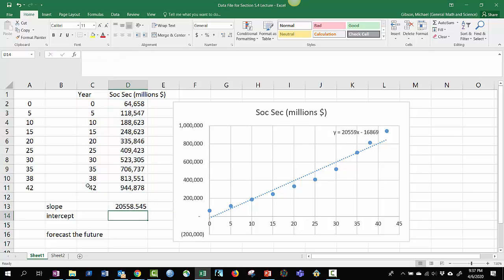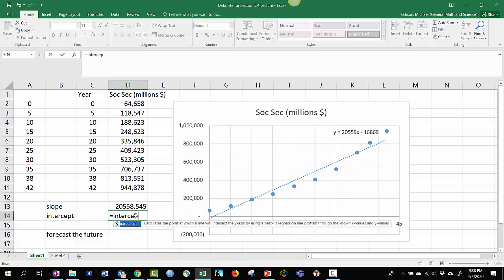There's our slope, and you'll notice it's exactly the same as the slope over here. It just goes to a couple more decimal places. If you rounded this to the nearest whole number, it's exactly the same. For the y-intercept, equals INTERCEPT, open parenthesis, same thing.